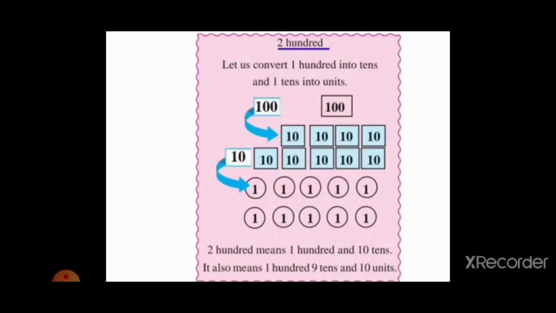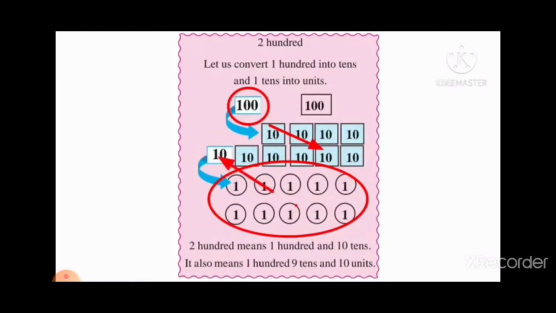Okay, so you can untie 100 into tens and tens into units in this way. So when you convert 100 into tens, it becomes 10 tens, and when you convert 1 ten into units, it becomes 10 units.